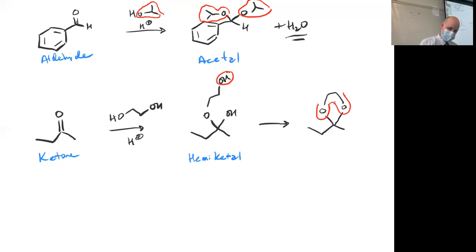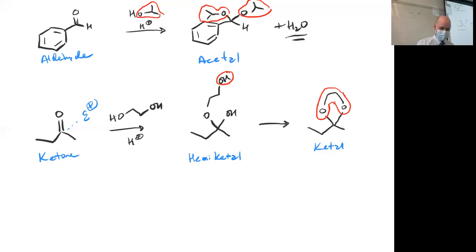So it looks kind of silly, I bet, but this is a really practical application of this reaction. Basically, what we have done at this point is we have turned our ketone, which is an electrophile, into a ketal, which is not an electrophile anymore.